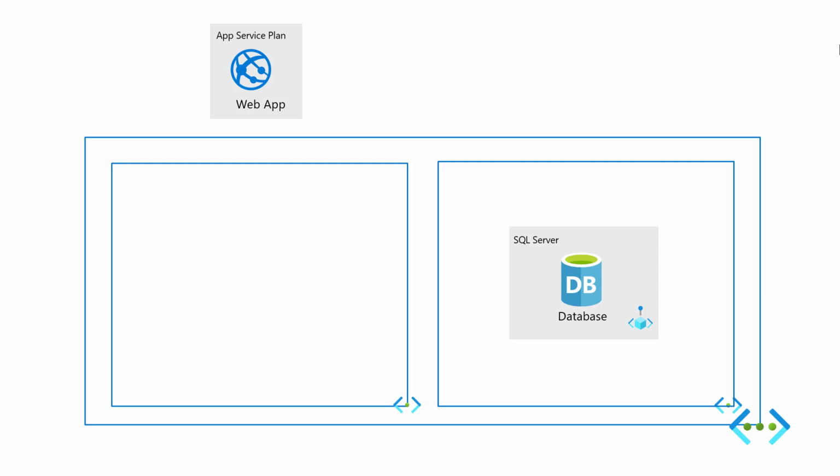Though internally your database is not completely sitting in your VNet, all the routing to your database will be routed via this network. So only applications from within that VNet can access your server.